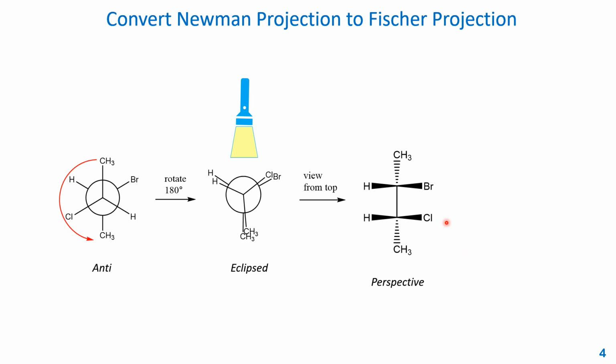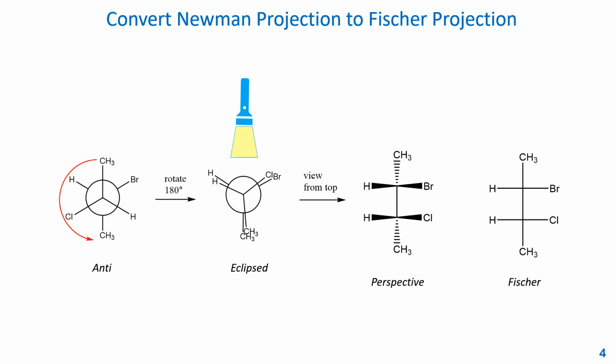And to change it to a normal Fischer, because normally for Fischer you just need to draw the line, you don't need to show the wedge and dash, because that means this is pointing away from you, that's away from you, that's pointing to you, pointing to you. So this is the definition. So you just need to draw this Fischer. That's the normal Fischer projection of this Newman.